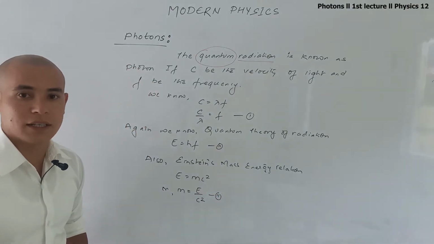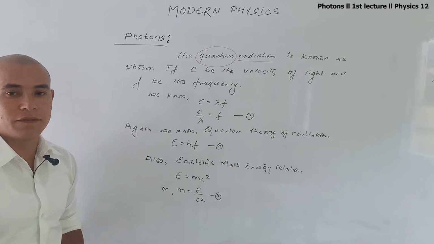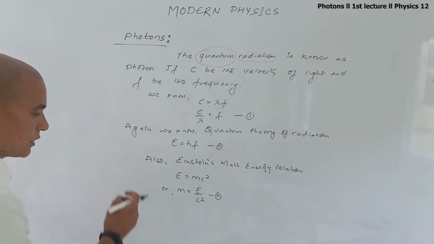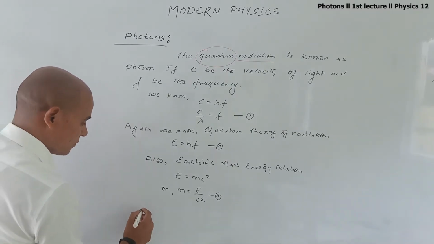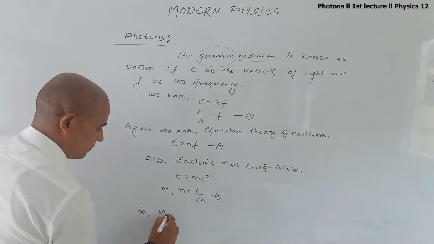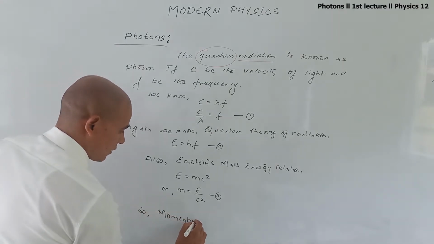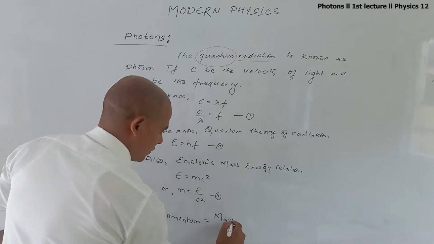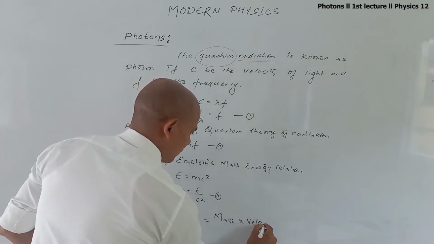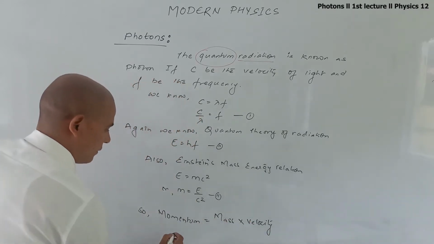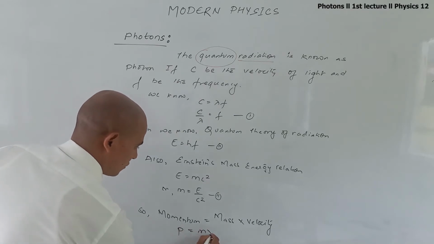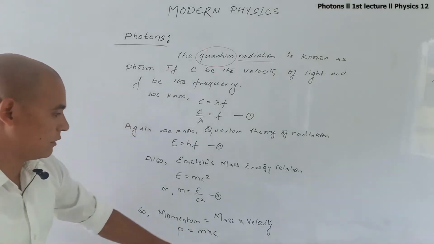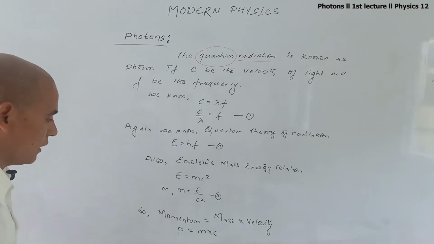As we have studied, momentum is defined as the product of mass and velocity. So P will be equal to m into, in terms of velocity, the velocity of light.